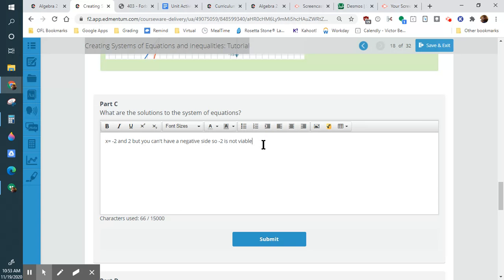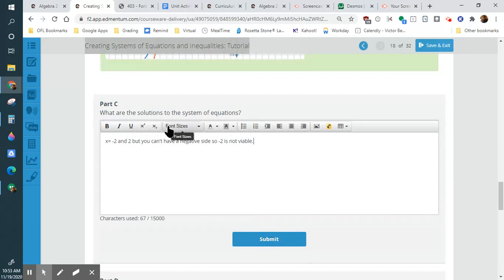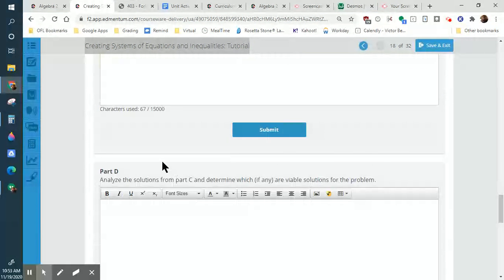The reason why they give you this much space is because technically you have more answers, but you have to think in real life you can't have a negative side, so we're going to say that's not viable.